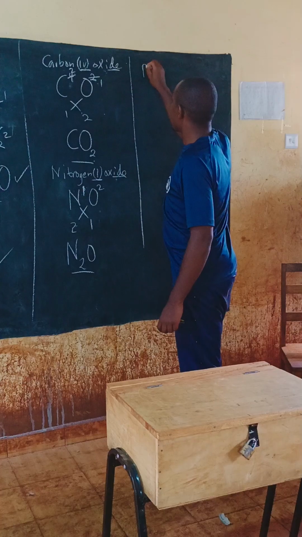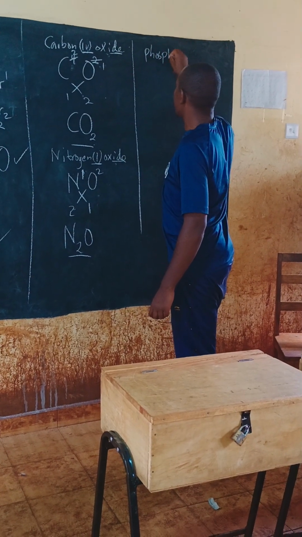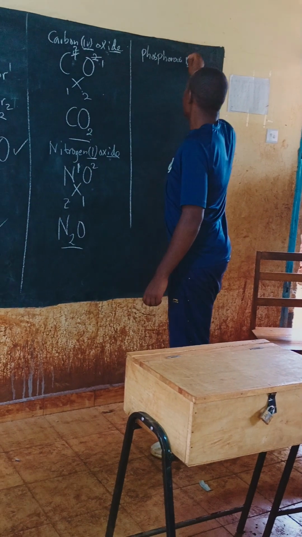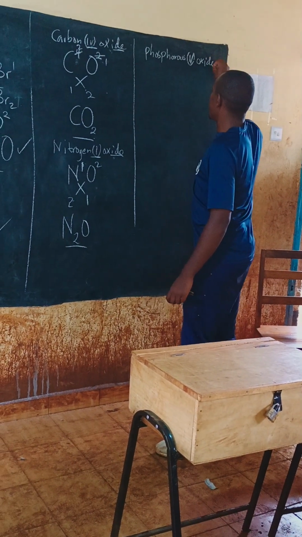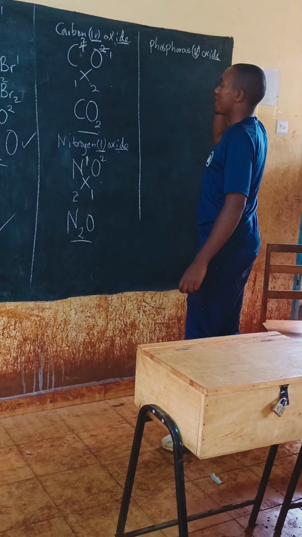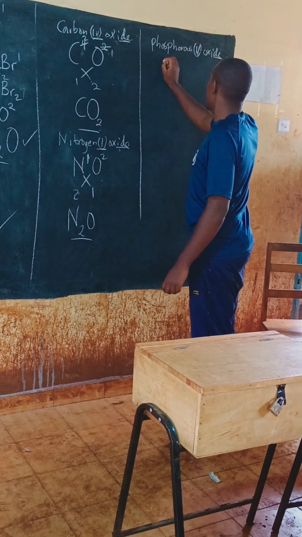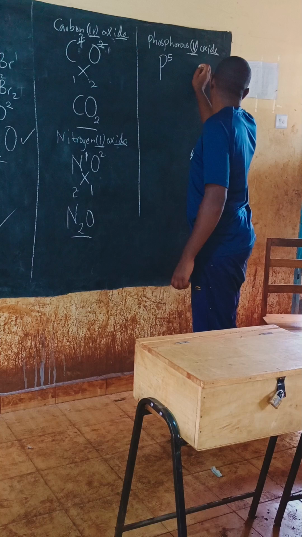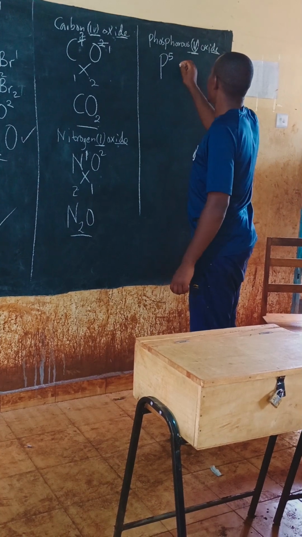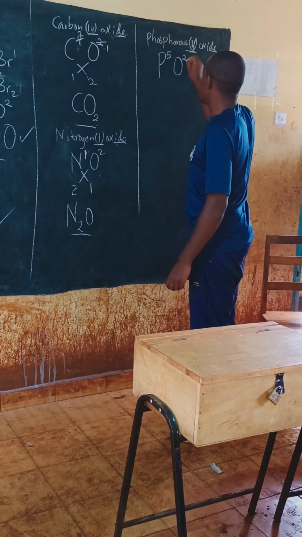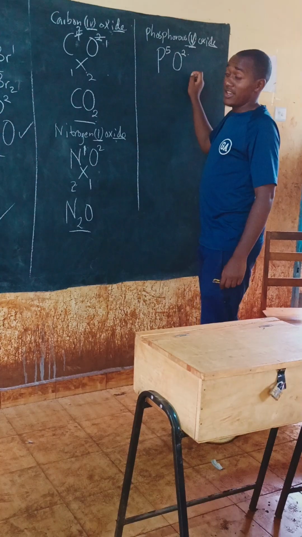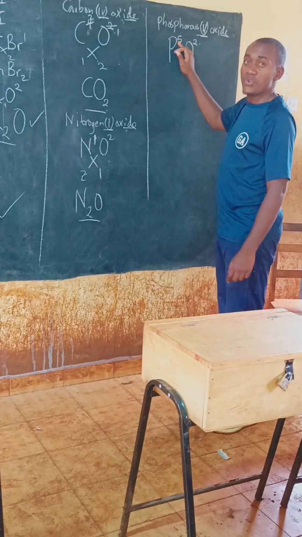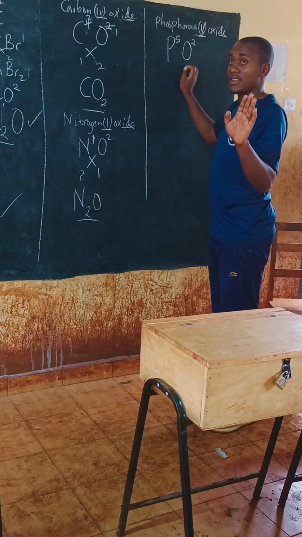Let's do phosphorus(V) oxide, because it ends with IDE, we have phosphorus and oxygen. So phosphorus is valency 5, and oxygen valency 2 because it gains 2 electrons. Exchanging, can it be simplified? No. That's what you ask yourself first.